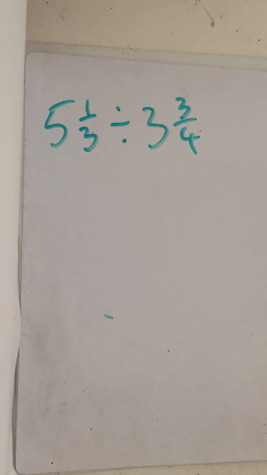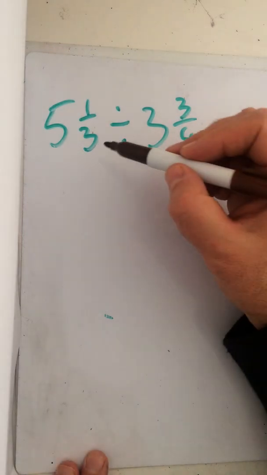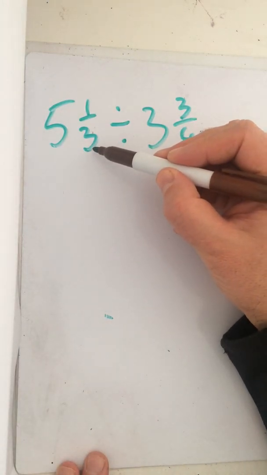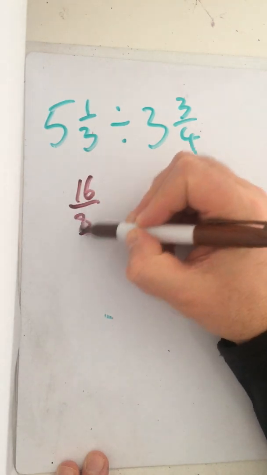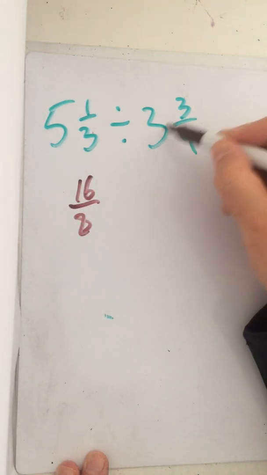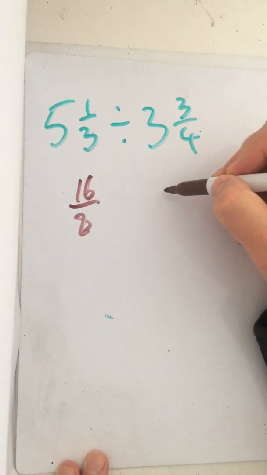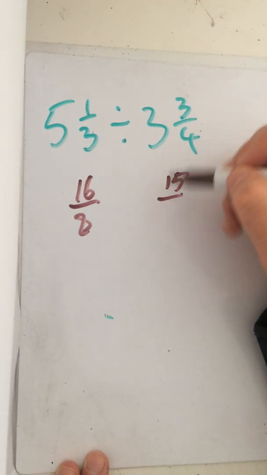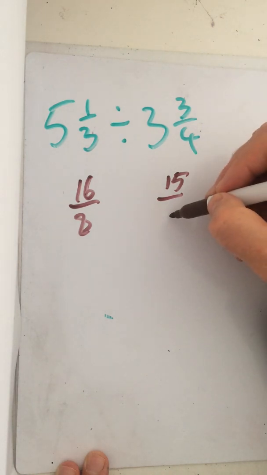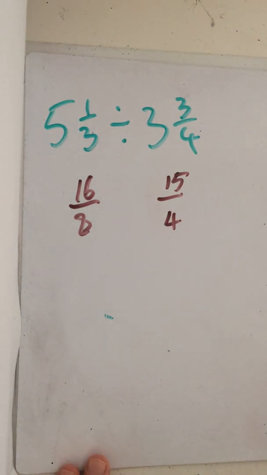First step is to put them into improper fractions. 3 times 5 is 15 and 1 is 16, so it becomes 16 over 8. 4 times 3 is 12 and 3 is 15. 15 over 4. Is that right?